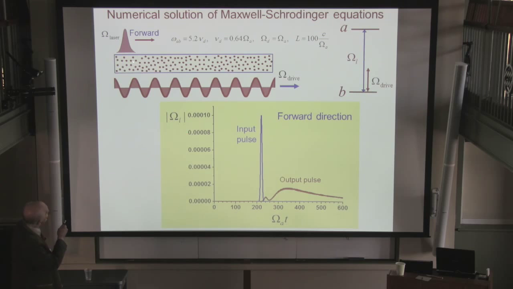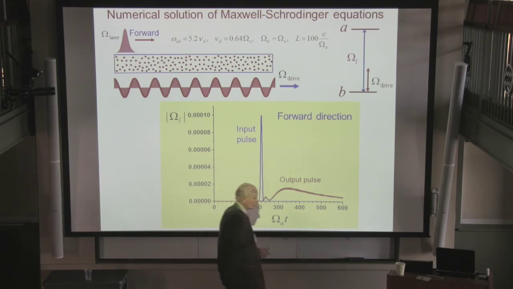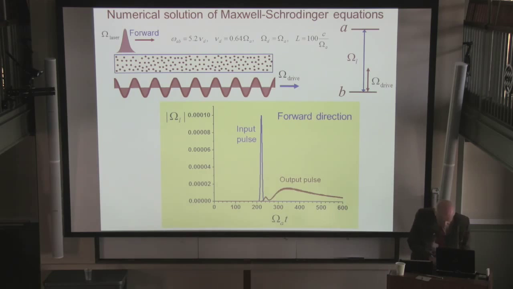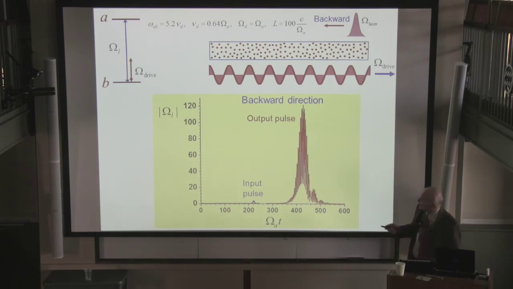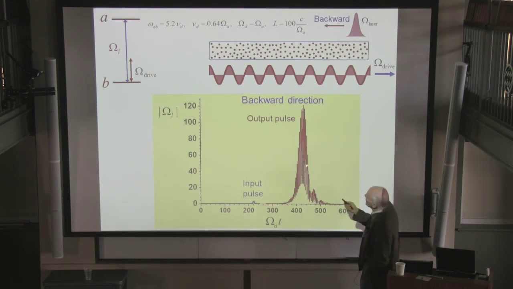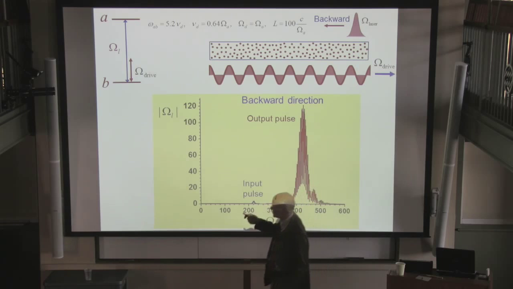So you send in the infrared drive pulse, and you look in the forward direction, and so the input pulse is here, the forward direction, you don't really get very much, and we haven't really tried hard, but that's what you get. Now, look in the backward direction. Here's the input pulse. In the backward direction, you see a very strong pulse. You see very strong emission.